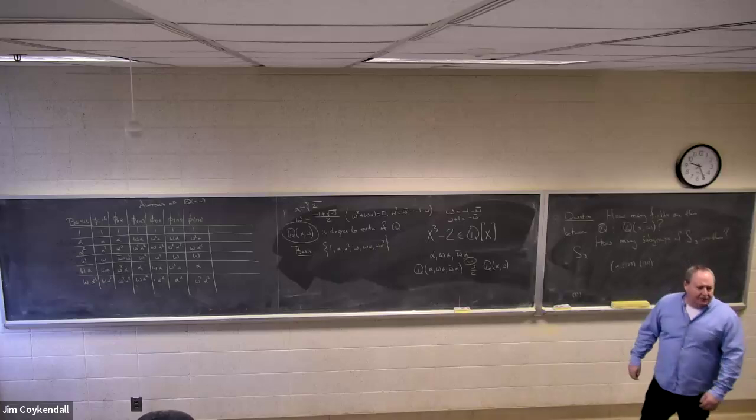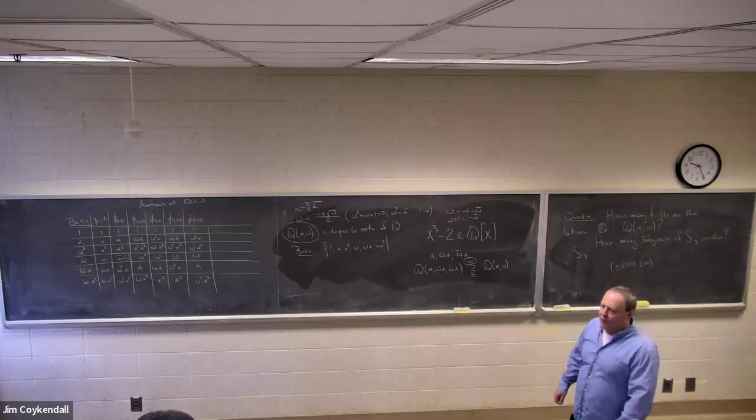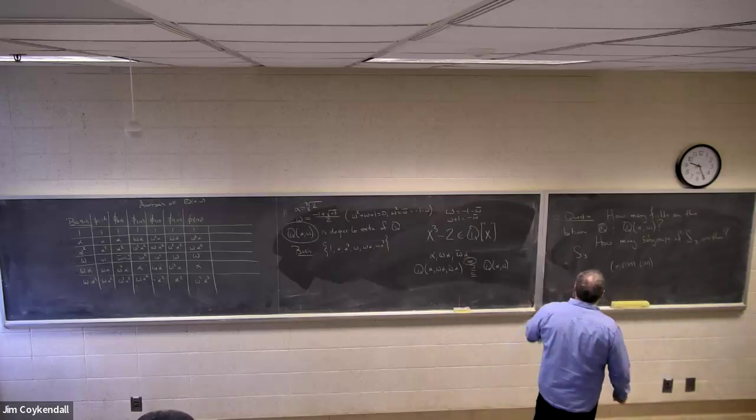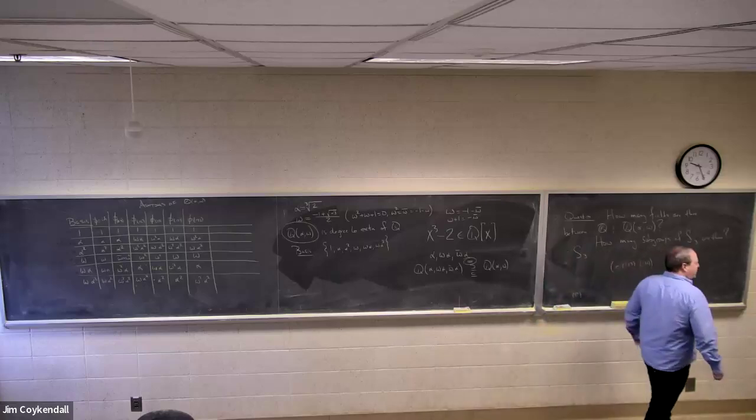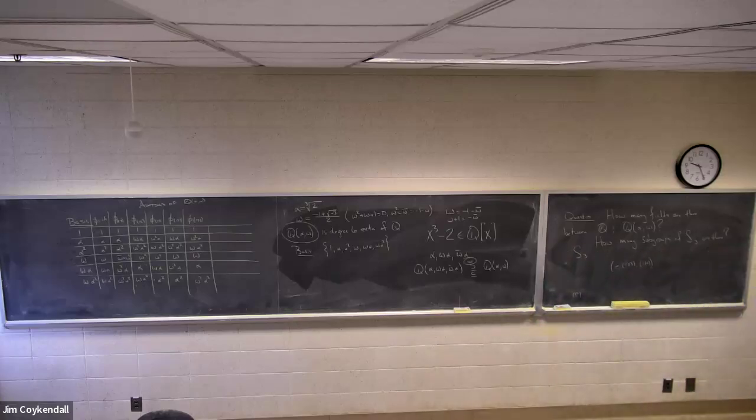That's the only subgroup of S3 of order 3. I've got the subgroup of order 6, S3. The only other possibilities are subgroups of order 2. How many of those are there? There's actually 3 of them, aren't there?